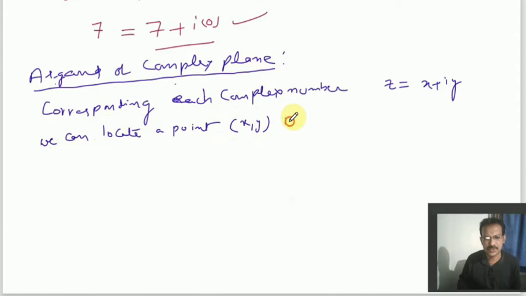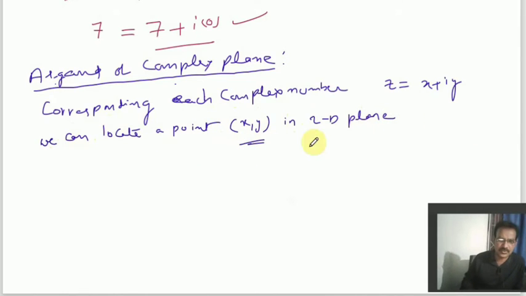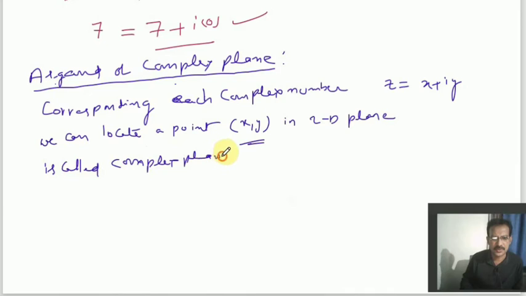This is called the complex plane, or Argand plane.